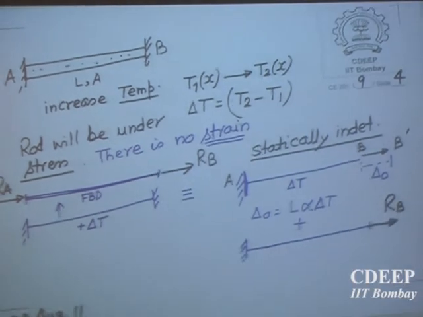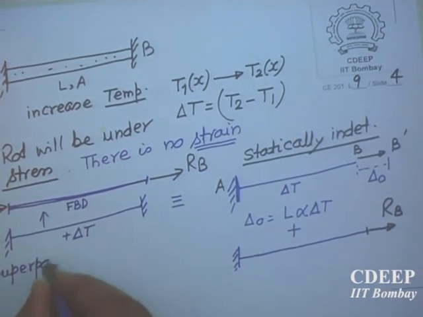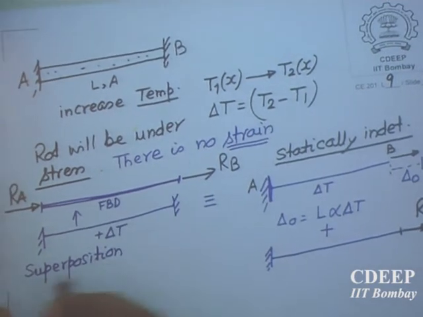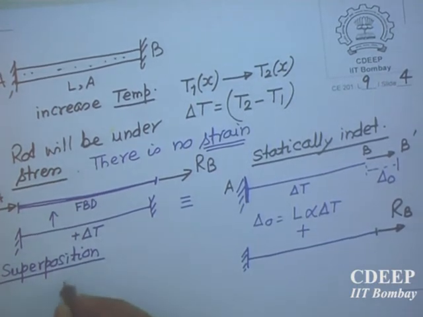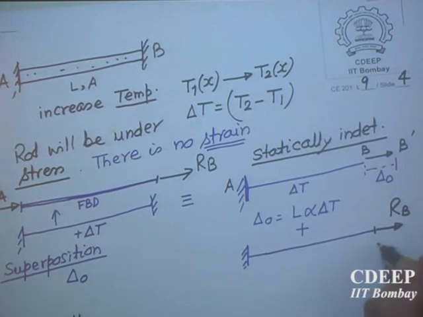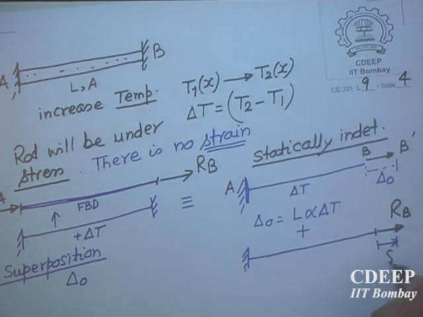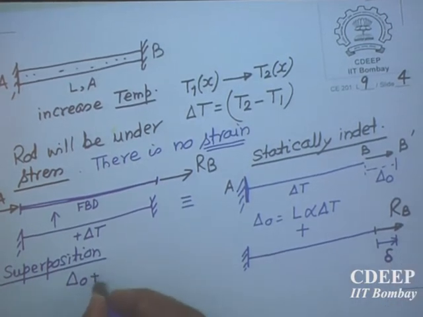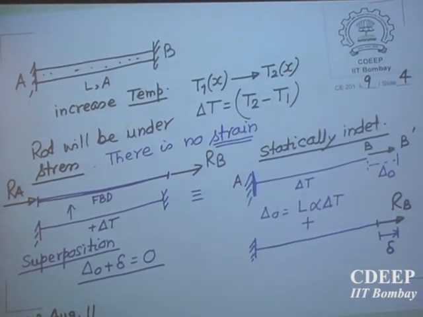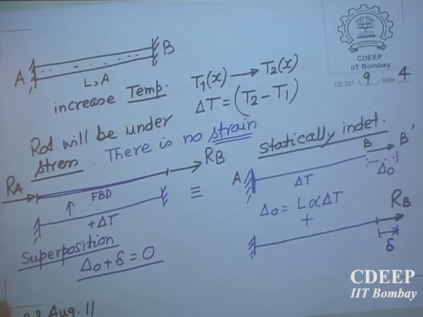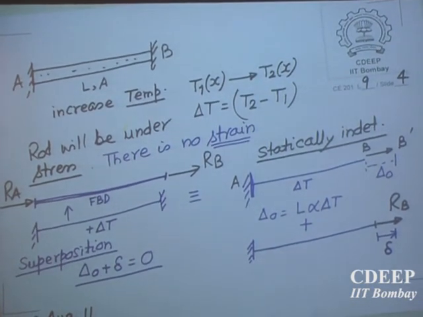So here superposition will give what? First one, delta naught. Second one also undergoes a displacement, call it, I think we have been using small delta. So this condition is called what? Compatibility condition. That means displacement.